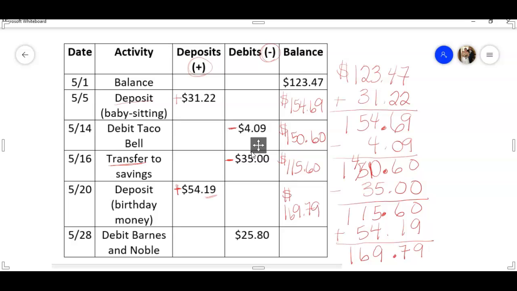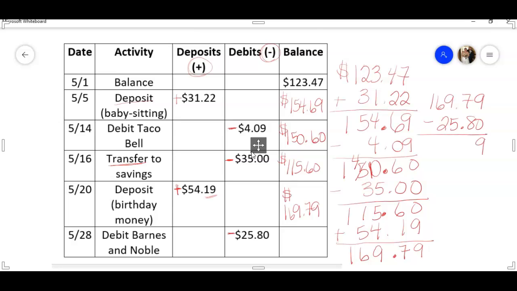And since I'm running out of room, I'm going to rewrite that up here for the last one. So on May 28th, he had another debit. Debits are subtraction, from Barnes & Noble. So he spent $25.80 at Barnes & Noble. So I need to subtract that. That would be 9.